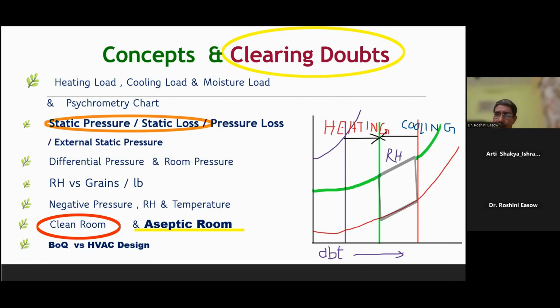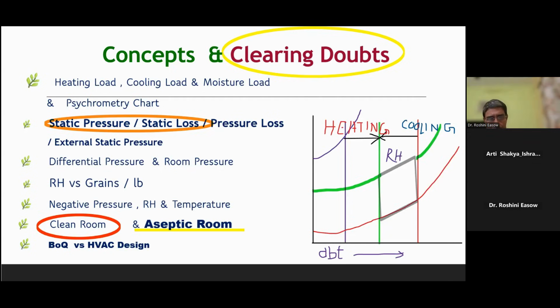This point, RH versus grains per pound, is extremely important. Today when I talk about humidity and grains per pound, we will discuss this. We also discussed negative pressure and RH last time.